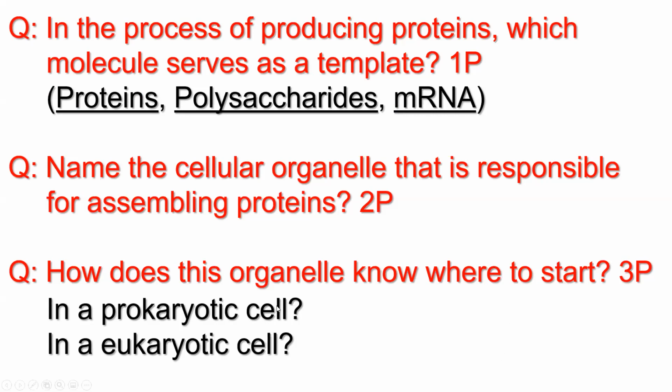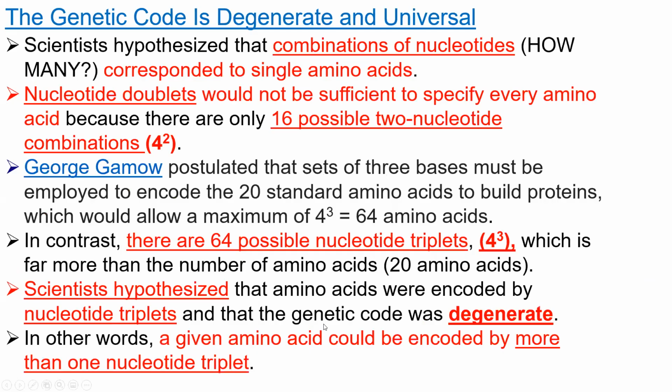So in bacteria, there is a site on the messenger RNA that we call the Shine-Dalgarno sequence, and I have this in a slide in your presentation. Don't overlook this. It is important. What is a Shine-Dalgarno sequence? Let me see here.